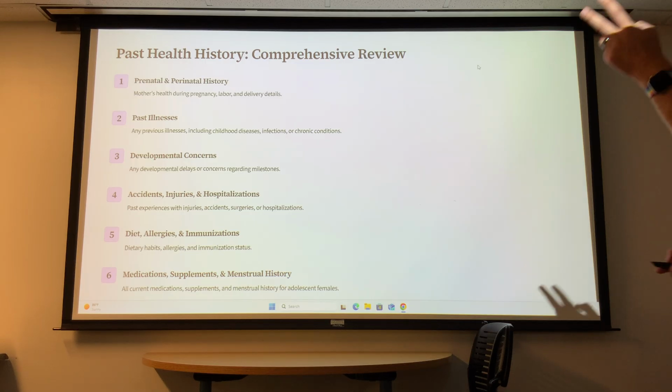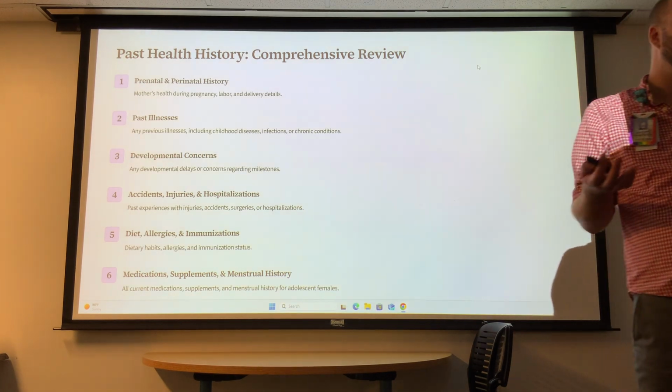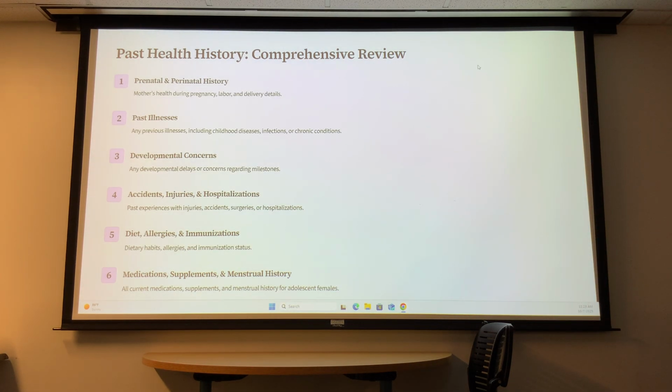What's their diet like, their allergies, immunizations? Why are those important? Are they getting the right nutrition, right? So when they're younger, do they usually eat pretty well, pretty balanced? Sometimes.